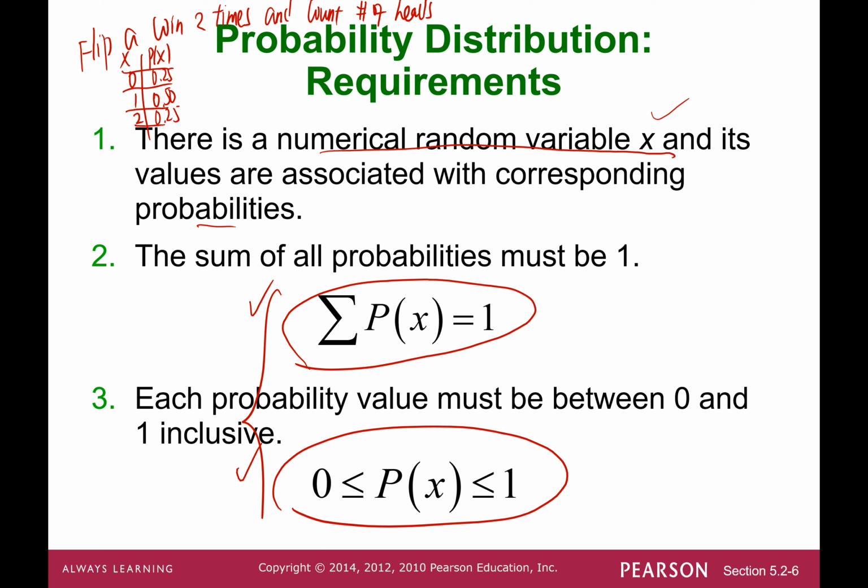We calculated this in an earlier slide, and as you can see, if you sum up all these probabilities, the total is equal to 1, and each probability is greater than or equal to 0 and less than or equal to 1. So this particular case is definitely a probability distribution. That's how you determine a probability distribution: create a table, list all the possible outcomes x, and then the probability associated with each possible outcome.